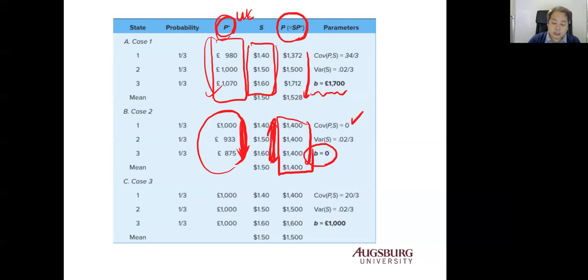In case 1, the exchange rate increases, P increases in pound terms, and the value increases in dollar terms too. Now, in case 2, they are negatively related, and the dollar price is uniformly $1,400, no relation.